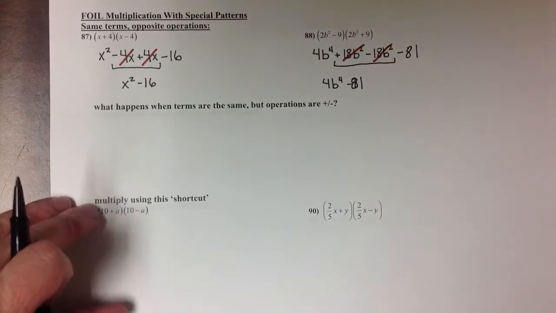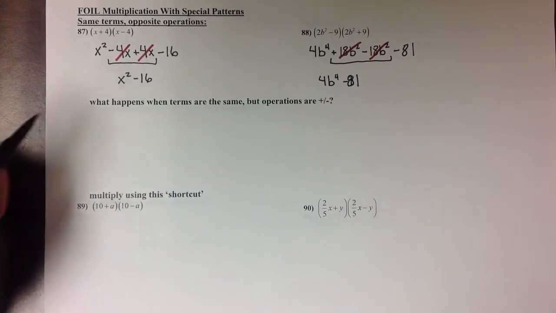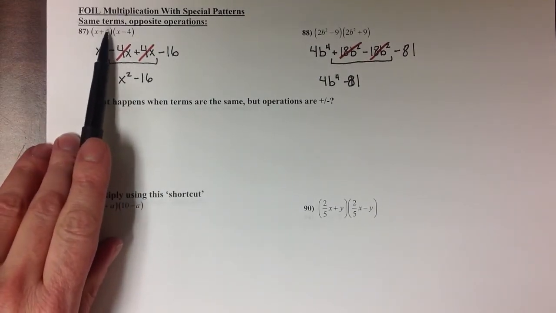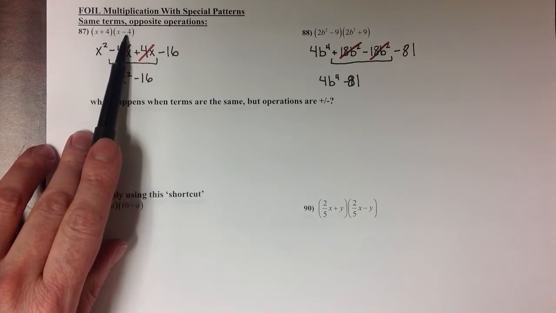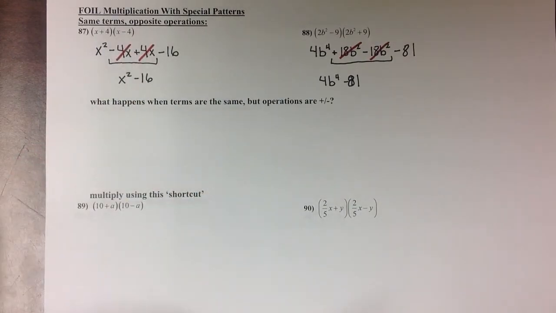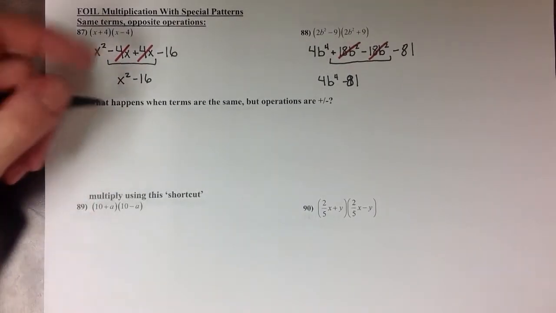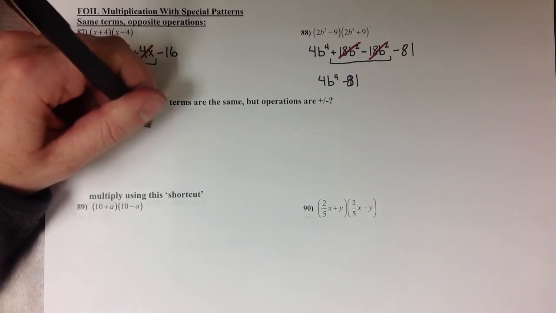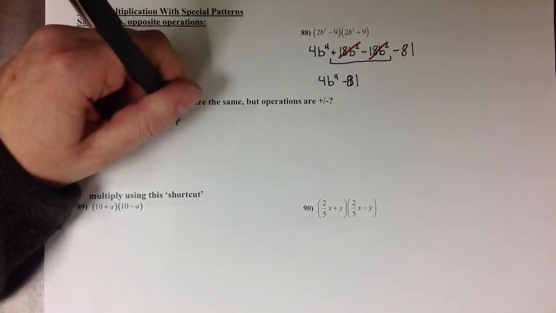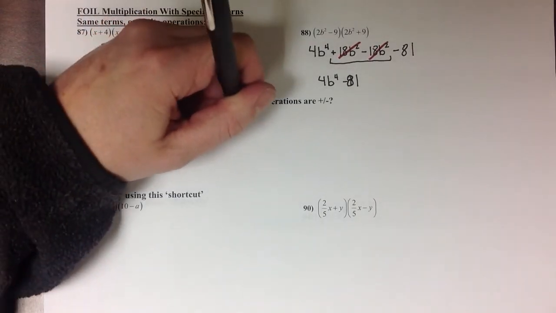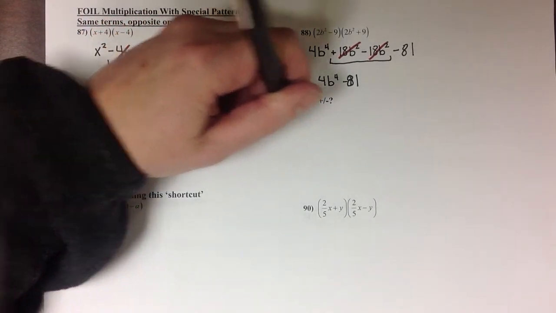And that pattern will be true anytime you multiply a binomial where the terms are the same but the operation between them is addition in one and subtraction in the other. So the shortcut rule that we can write is that the middle terms cancel out every time.